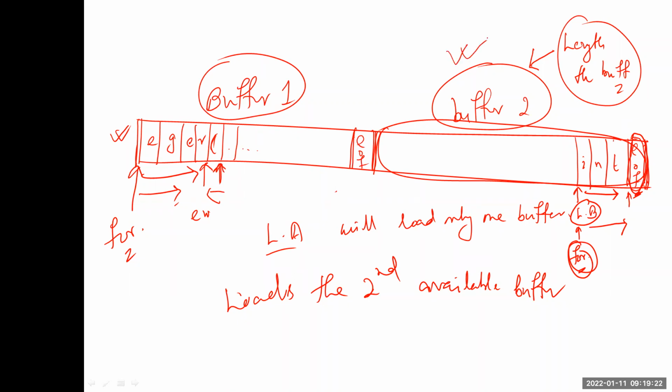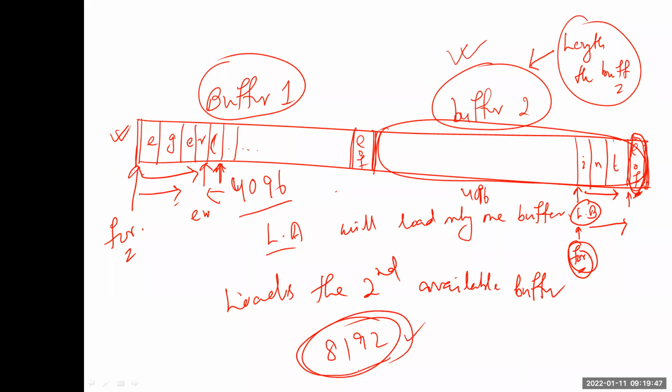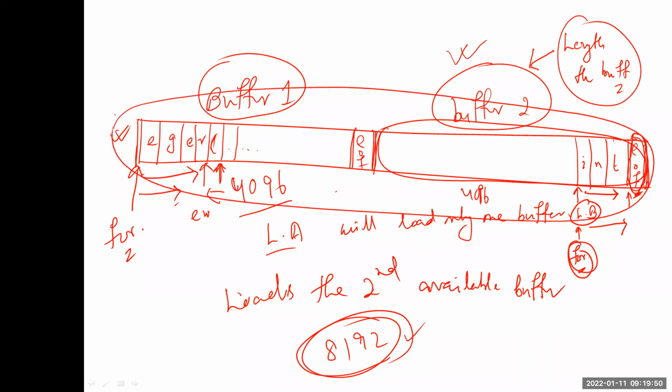Okay. So if we talk about one buffer being 4096 maximum, which you have allotted, then combining 4096 plus 4096 comes to 8192. That will be the maximum length of a lexeme that can be identified. So the maximum length of the token could be this much based on the memory.